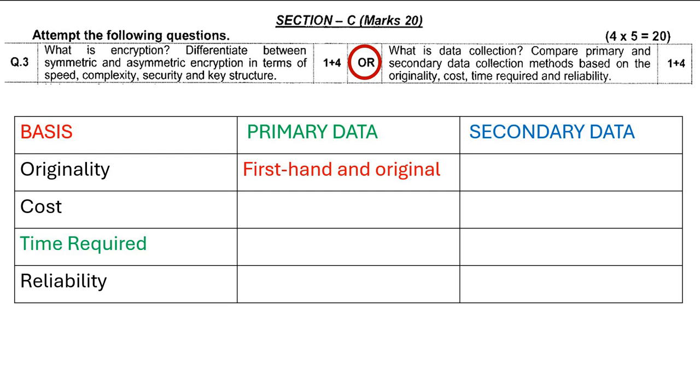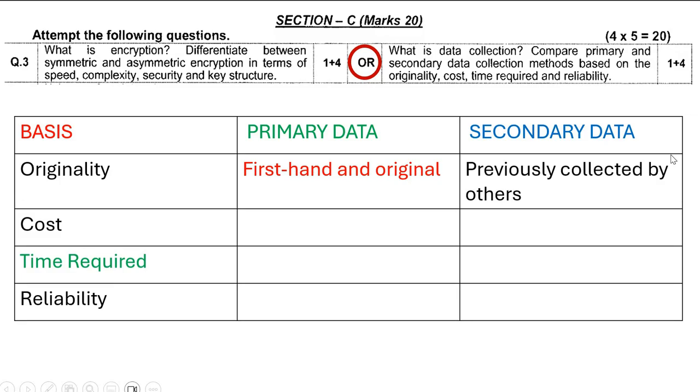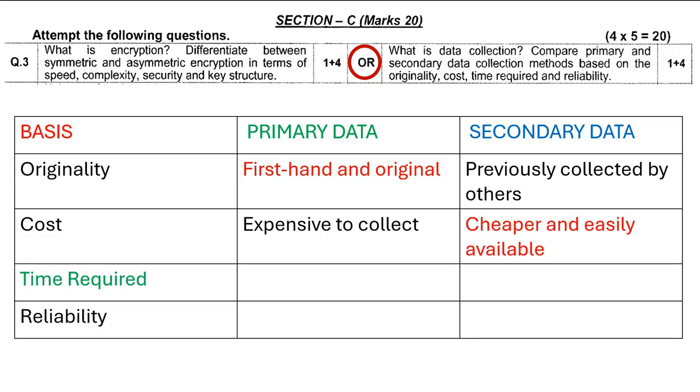Secondary data is previously collected by others, and then we are using that previously collected data. In terms of cost, primary data is expensive to collect, and secondary data is cheaper and easily available, because you are not getting it directly, you are getting it from others.